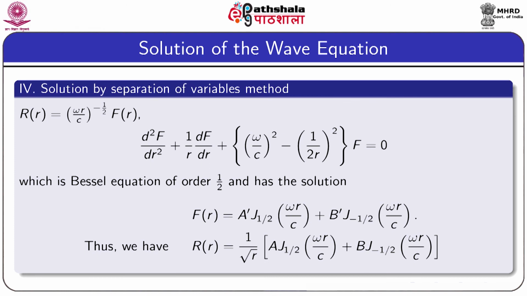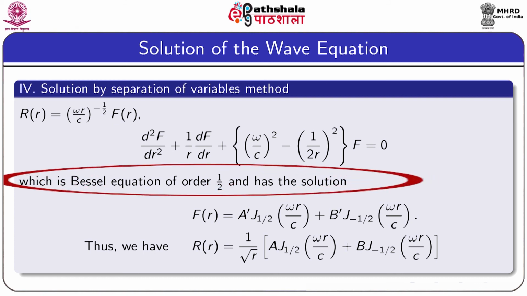For that purpose, we give a transformation which is shown here: capital R is equal to (omega r by c) to the power minus half into capital F. The equation in terms of capital F becomes this. So, this is a Bessel equation of order half.